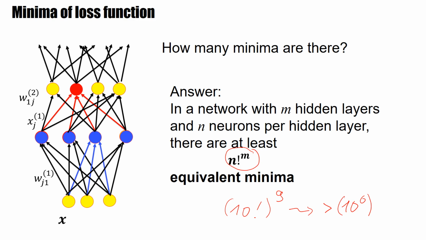And then the whole thing goes to the power of 9. So this is more than 10 to the 50 minima. So suppose you have found one global minimum, then in fact this is just 1 out of 10 to the 50 equivalent minima. An immense number.